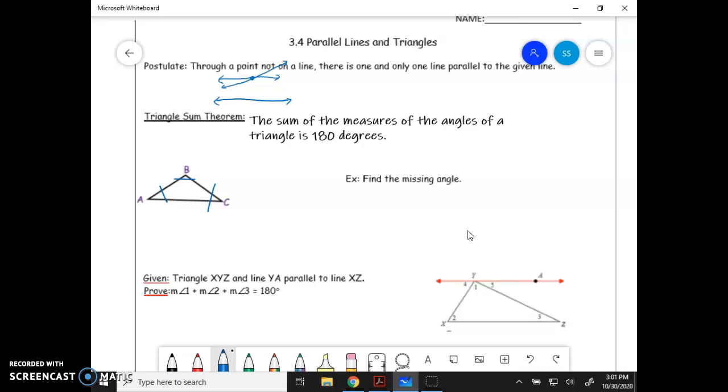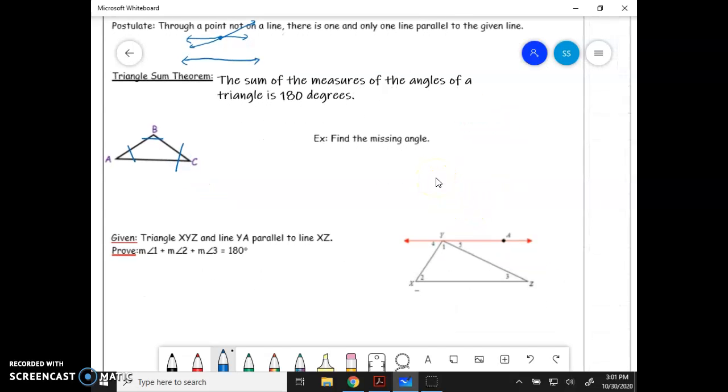All right, so let's just take an example. Find the missing angle. So if we're given a triangle, and this angle here is 42 degrees, and this angle is 95, how do I figure out this angle?